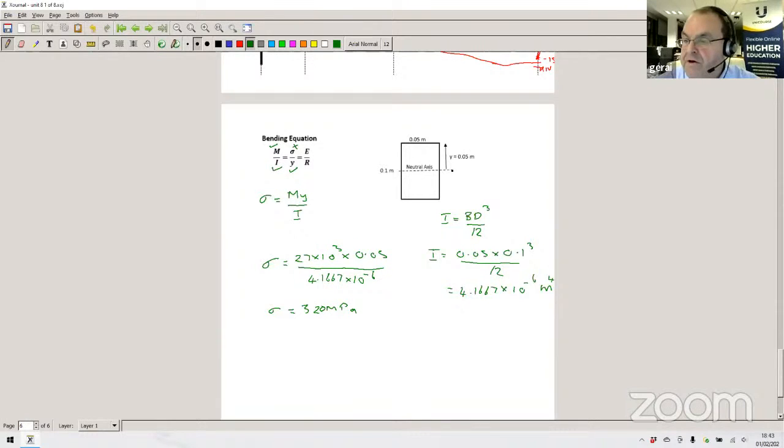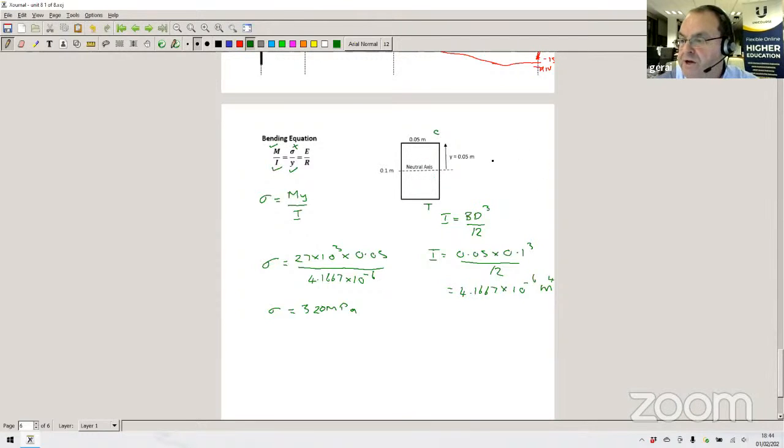Right. On the top, that stress will be negative because it's in compression, but it'll be a tensile stress at the bottom. It's compressive at the top because it's sagging, and tensile at the bottom. Likewise, you can get the stress distribution through that whole unit.